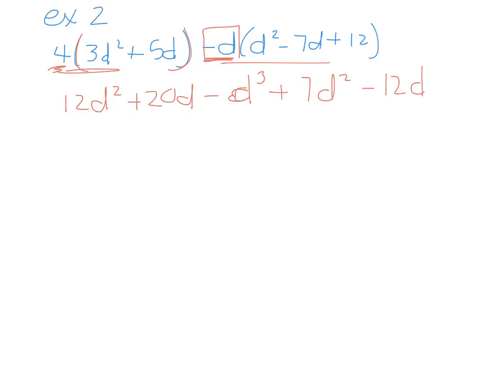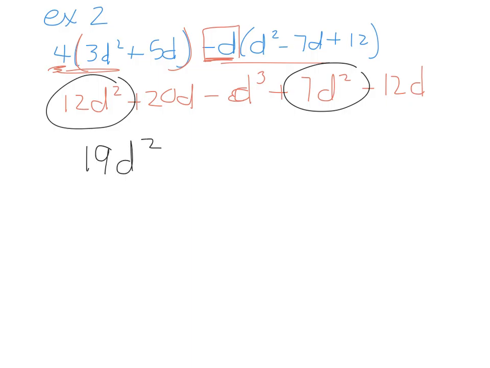And then at this point, I need to combine the like terms. So I have 12d squared, and I have 7d squared. So that's going to give me, I did it right, 19d squared.